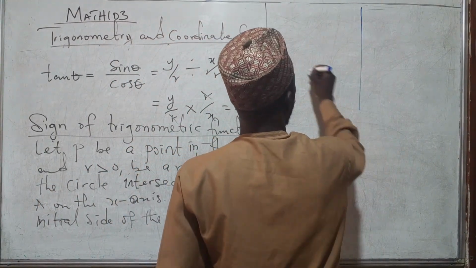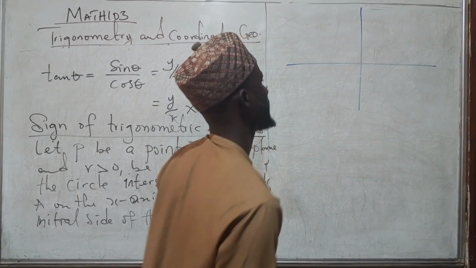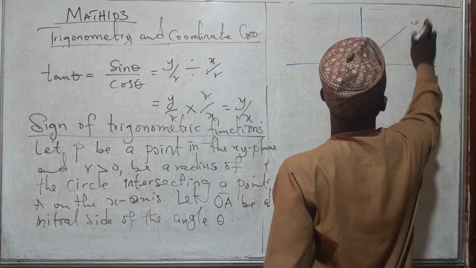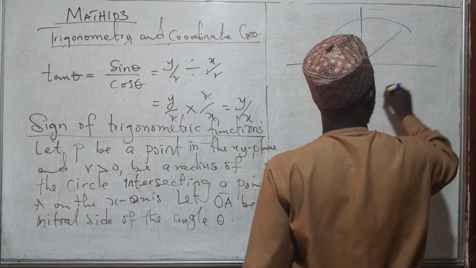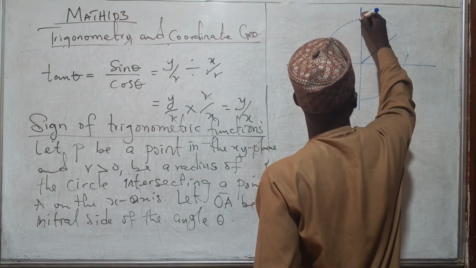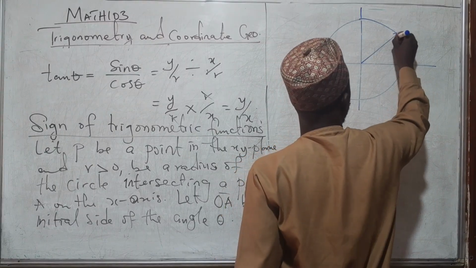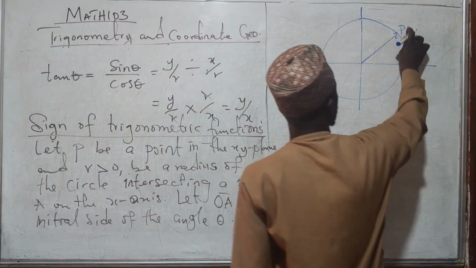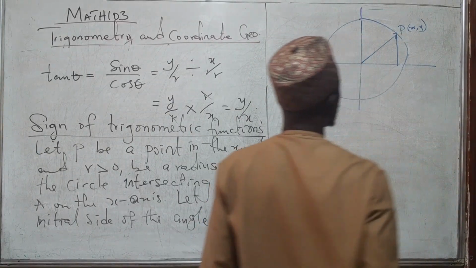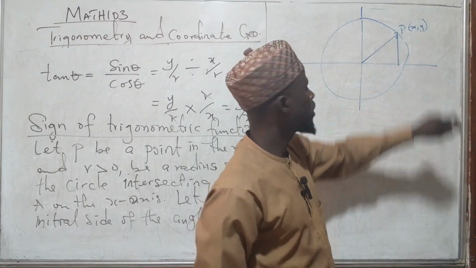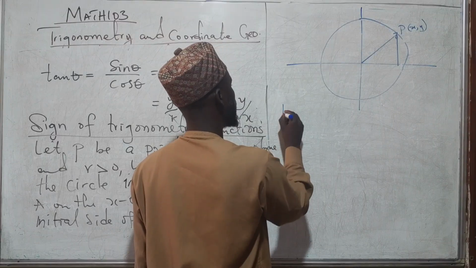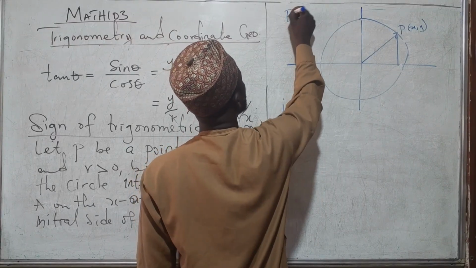So if we are in the first quadrant, and here is P, we see that the coordinates of P are both positive.